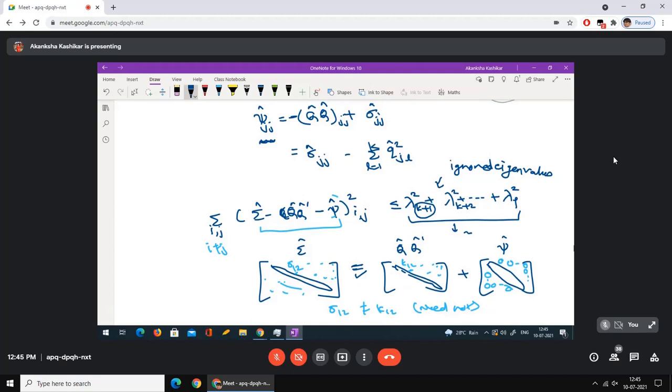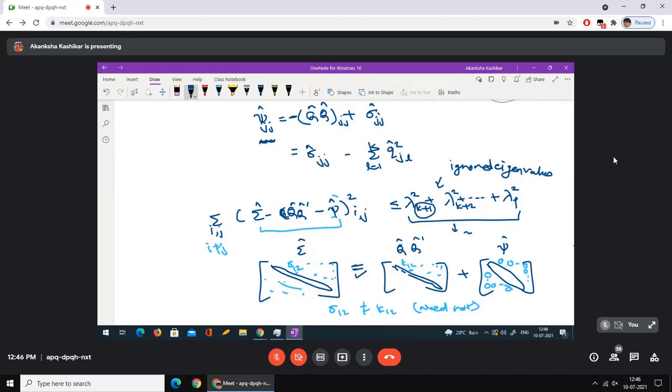So this method of principal component analysis, estimation of factors via PCA, works well if only k eigenvalues are important, and the remaining eigenvalues are negligible. They can be ignored, because in that case the error will be very low. Is it okay now?